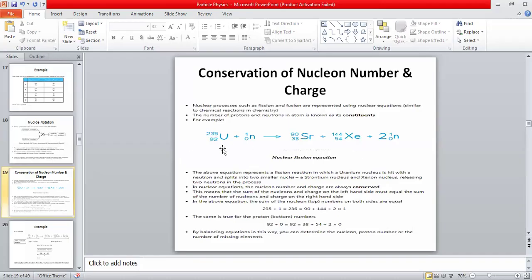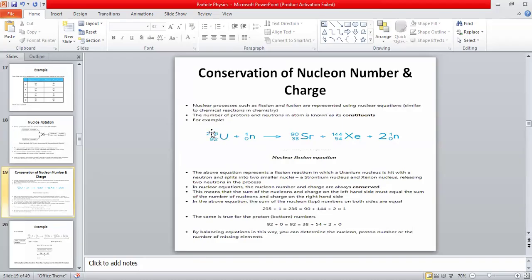पूरी कोई इक्वेशन आपको याद रखने की जरूरत नहीं है, लेकिन इसमें एक बिहेवियर आपने देखना है. What behavior are you going to witness? You are going to see that the conservation of the nucleon number is taking place. What it means is that in an equation, the total number of nucleons on the left hand side will be the same as on the right hand side. For example, if I see this equation, what is the total number of nucleons on the left hand side?